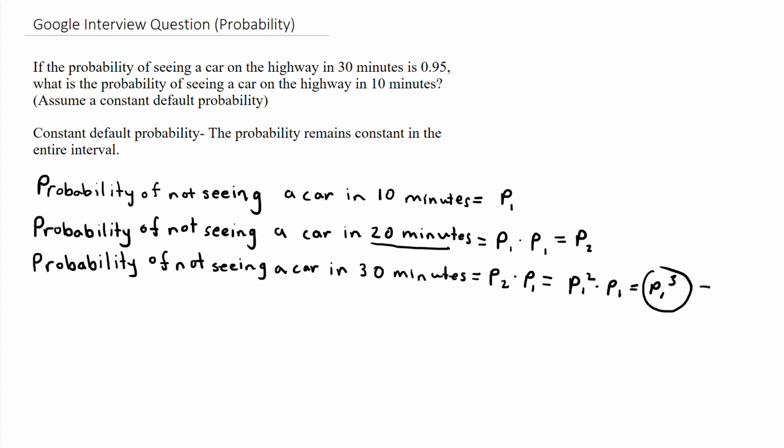Since the probability of not seeing a car in 30 minutes and the probability of seeing a car in 30 minutes are the only two cases, we'll call the probability of not seeing a car in 30 minutes P3.